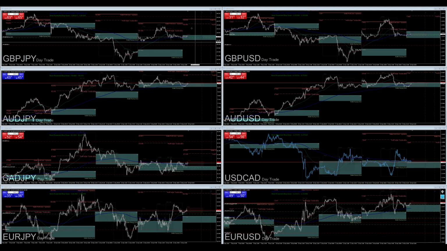I am going to go ahead and set an alert for right up here at 139481 on my pound yen.